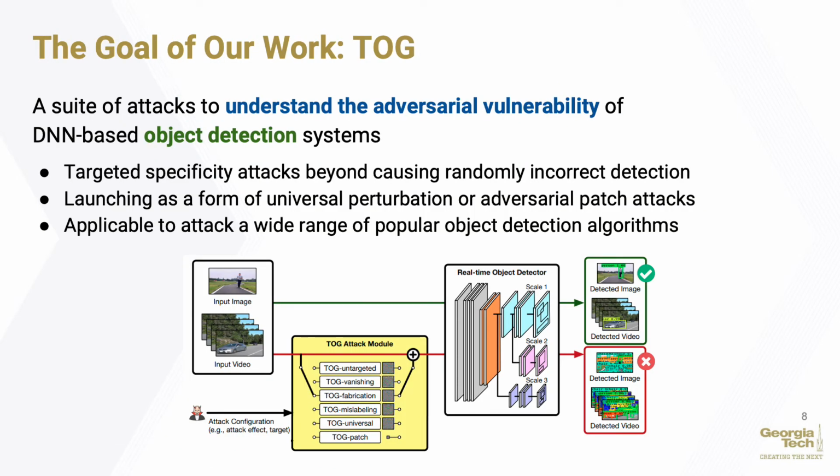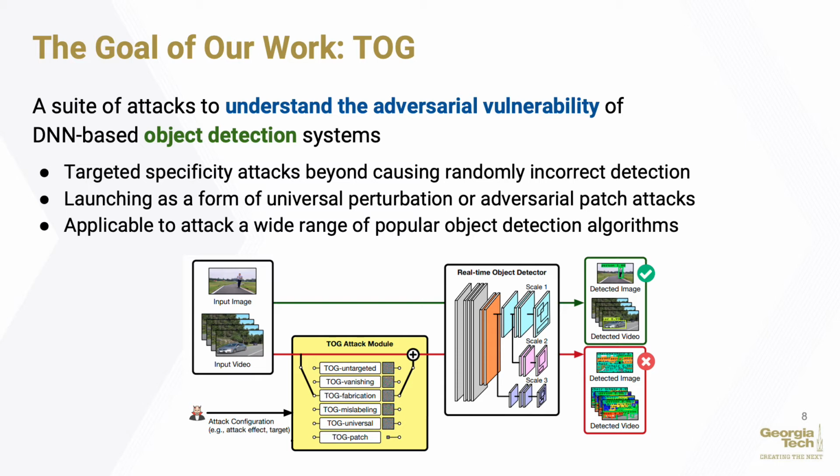In this work, we introduce a suite of attacks called TOG, which reveals the adversarial vulnerability of object detection systems. Through TOG attacks, we show that object detection systems can not only be deceived to misdetect with unpredictable errors, but can also be controlled to misbehave purposefully with 3 types of consistent malicious effects.